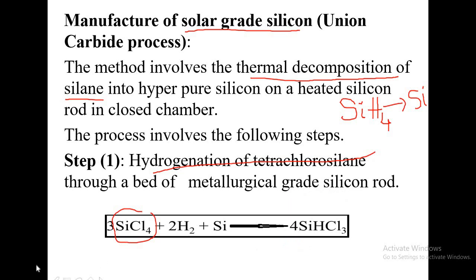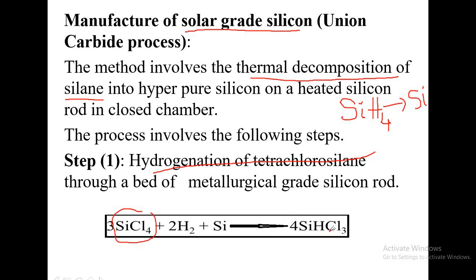If you closely observe, in tetrachlorosilane there are 4 chlorine atoms, whereas here you have only 3 chlorine atoms, and one of the chlorine atoms is substituted by hydrogen. So there is a decrease in the number of chlorine atoms and a corresponding increase in the number of hydrogen atoms. So we have taken tetrachlorosilane in the beginning, and then we have converted it into trichlorosilane. That is the first step, hydrogenation of tetrachlorosilane.